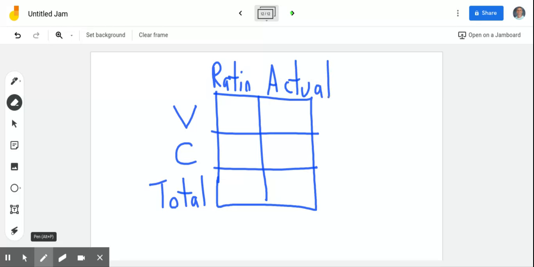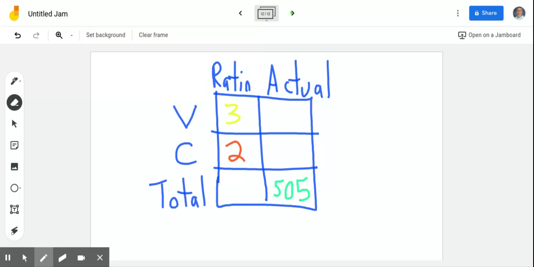Okay, so it had 3 to 2 ratio vanilla to chocolate. And the total of the people at the fair was 505. That's the information that they gave us.